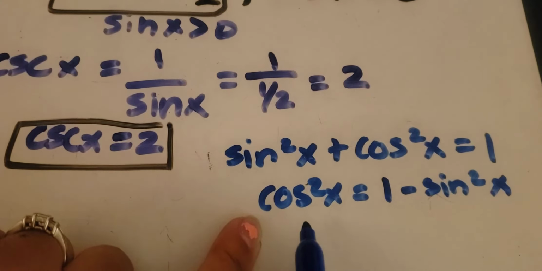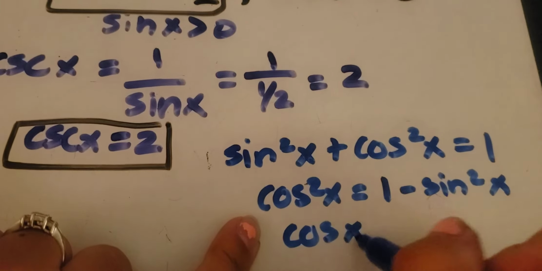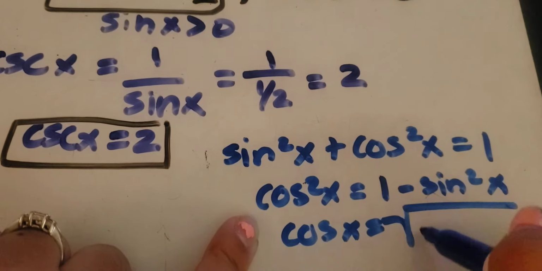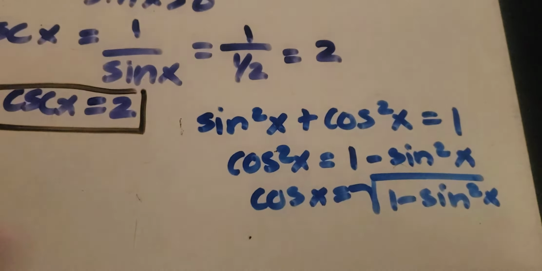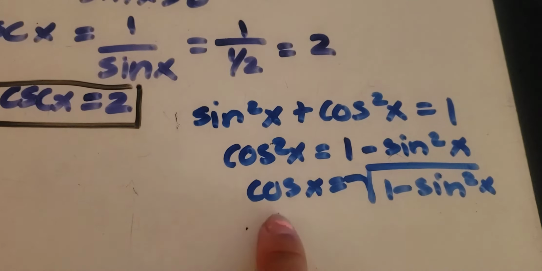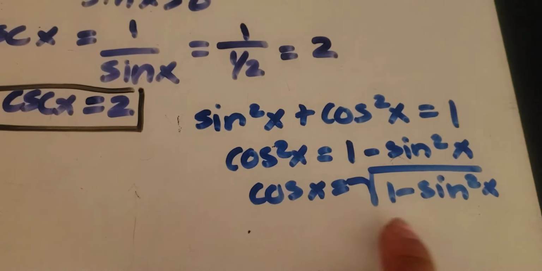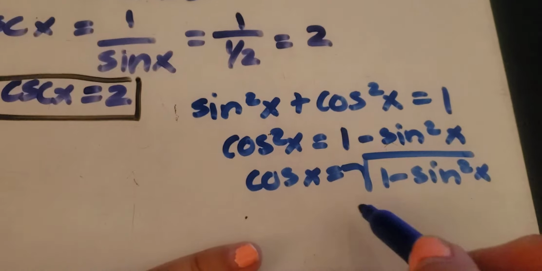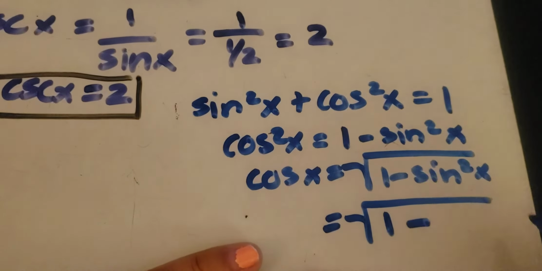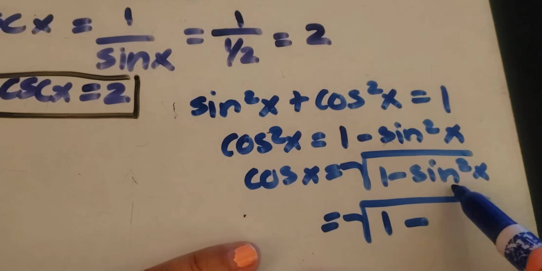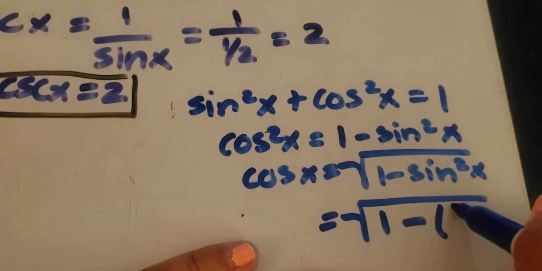And then to get the cosine, I would take the square root, okay? I actually like doing this first because then I already have it by itself, so then I could just plug in what I know. So the square root of 1 minus sine squared x, which is just 1/2.